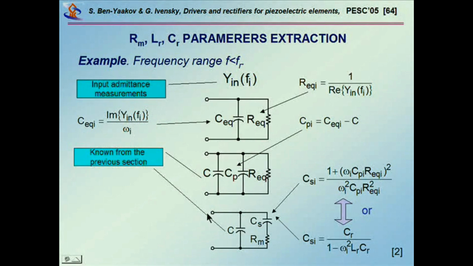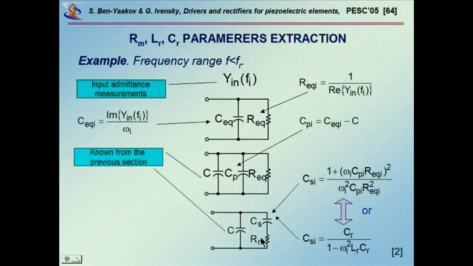Now, next thing we can do, if we are talking about a certain range, say a frequency range below resonance, in this range, the equivalent circuit is like this. As I've said, the inductance is a short, so we have some capacitance and some resistance. We can break them into the dielectric capacitance and the other capacitances.